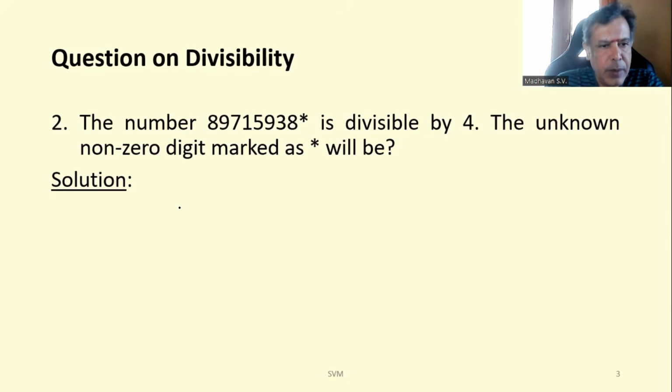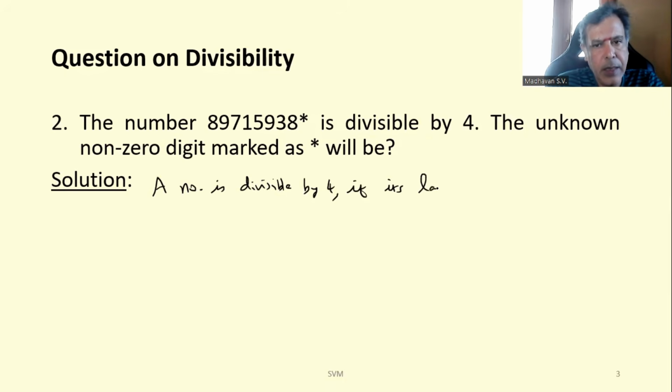So here, a number is divisible by 4 if its last two digits are divisible by 4.